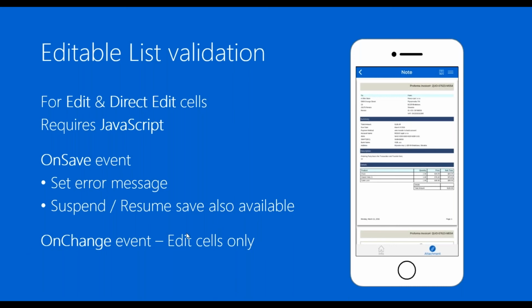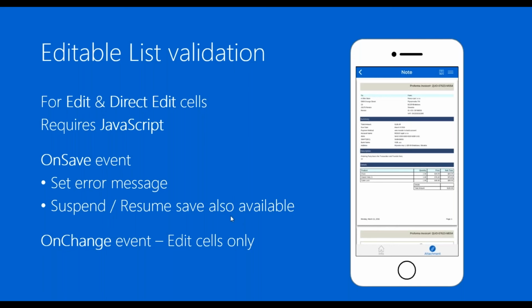If you change just one of the fields and you are using the edit cells, the onChange event will be called. It doesn't have too much power since there is not much you can do there, but what you can do is update some relationships or perform some calculations based on one of the fields changing.